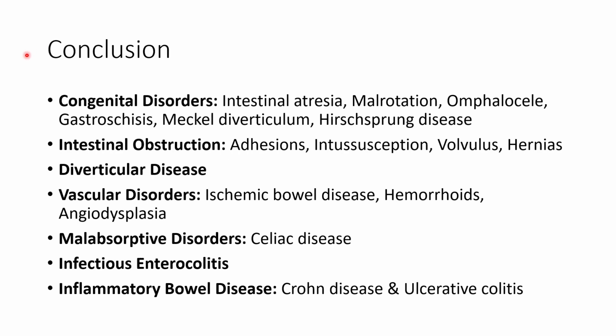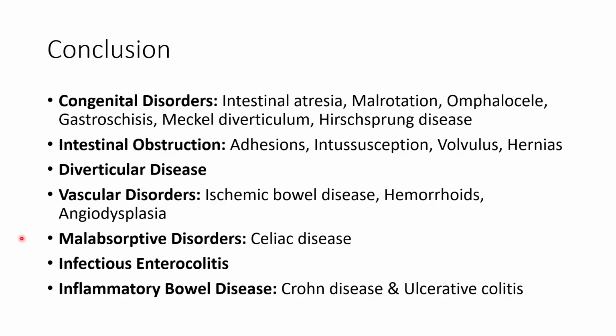This concludes our presentation. In this presentation, we discussed the various non-neoplastic pathologies that affect the small and large intestines, and these include congenital disorders. We also talked about the causes behind intestinal obstruction. We went over diverticular disease, vascular disorders, and we talked about celiac disease, which is a malabsorptive disorder.